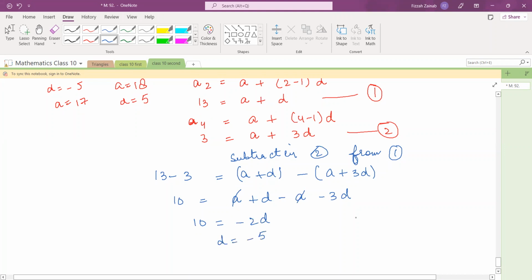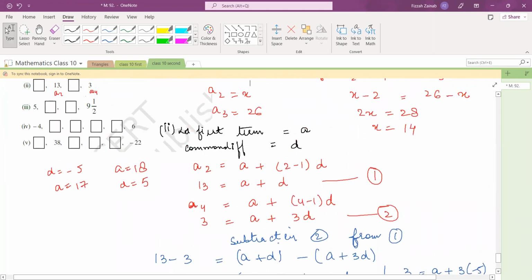Okay, that's right. Now you put it in, let's say, the second. So 3 is equal to a plus 3 into minus 5. So 3 is equal to a minus 15, and a is 3 plus 15, so 18. Fine. Now you have got a and d, and the missing terms are A1 and A3.